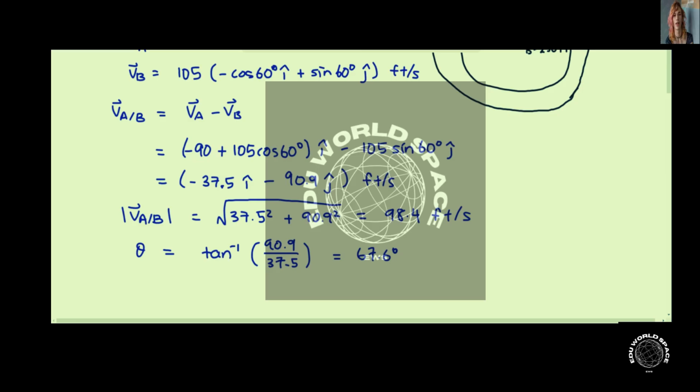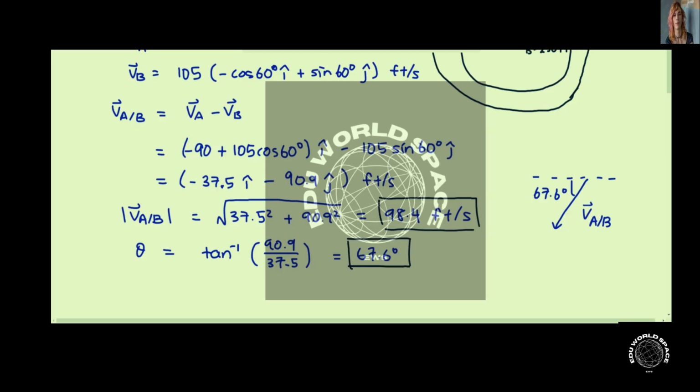This is the velocity of A relative to B at 67.6 degrees, so we box up the magnitude and the direction of the relative velocity.